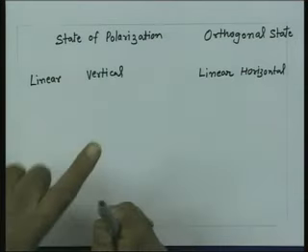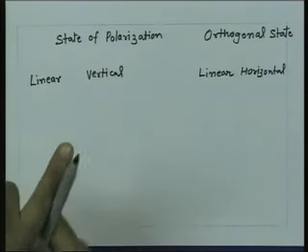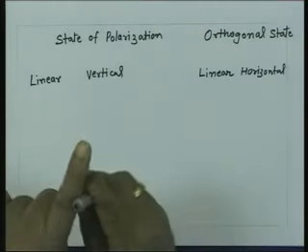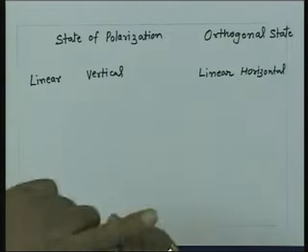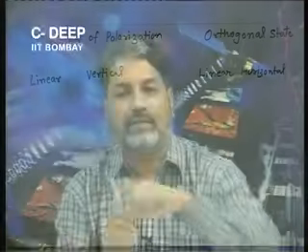So, two lines which are at 90 degrees with respect to each other can represent orthogonal states of polarization, though we are taking specifically vertical, but there is nothing special about vertical and horizontal. If I take two lines which are perpendicular to each other at any angle, these two states will represent the orthogonal states of polarization.